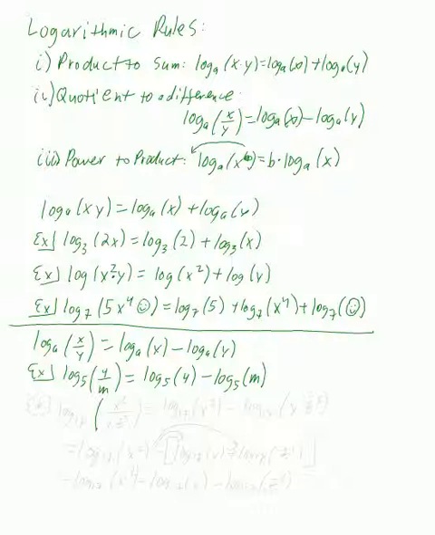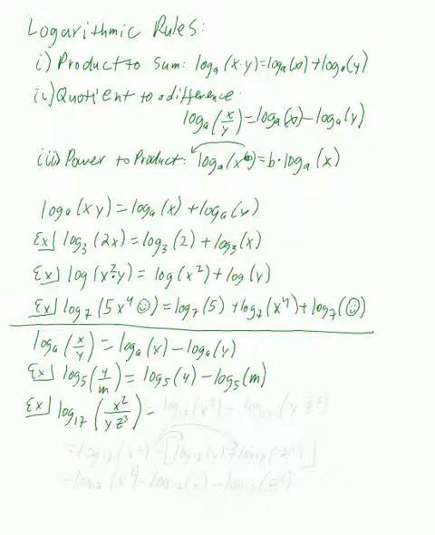What we can do now is we can actually combine a couple of rules that we've already used. Let's take log base 17 of x squared over y z to the third. Now you'll notice I have two things in the denominator in this case. I have a base y and I have a base z, which is raised to the third power.